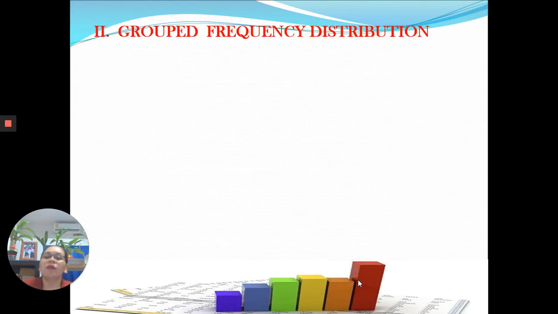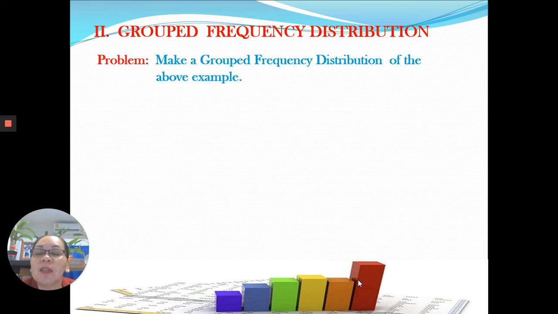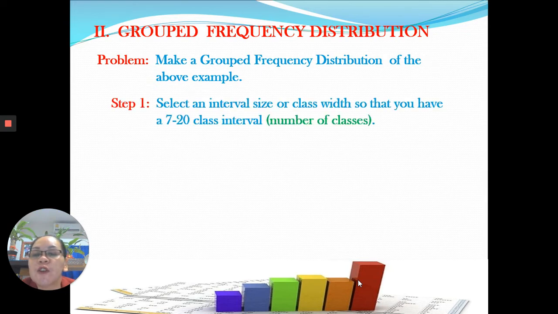Then let's have the grouped frequency distribution table with the same problem that we have for ungrouped. The first step that you're going to do is select an interval size or class width so that you will have 7 to 20 class intervals, or number of classes.